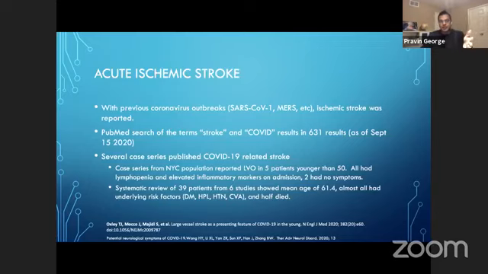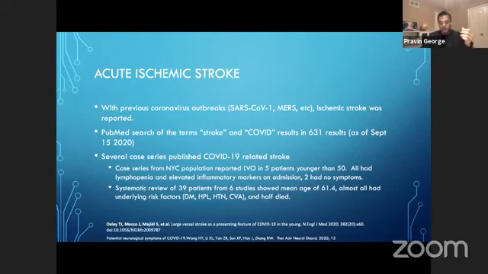More recently, if you look at COVID and stroke, I did this today just to see how many results would turn up, and just typing in stroke and COVID, you get about 631 results. This is exponentially higher than what was there even last month. But people are starting to recognize that stroke and COVID coincide with each other. And like I said, probably months to years after, we're going to actually get to the full picture of what has happened.